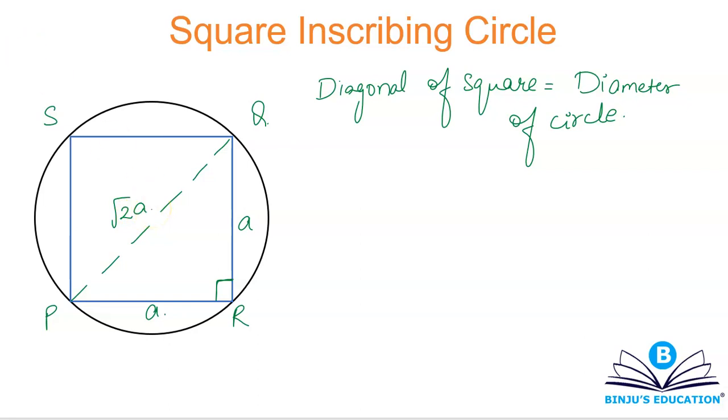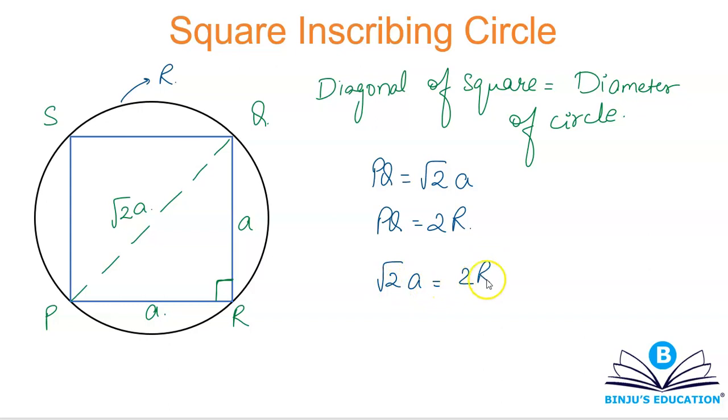And I can take the radius of this circle to be capital R. So PQ is equal to root 2 a units. PQ is also equal to 2R units. So root 2 a is equal to 2R, or a is equal to root 2 R, or better write it this way, that radius is equal to side divided by root 2 units.